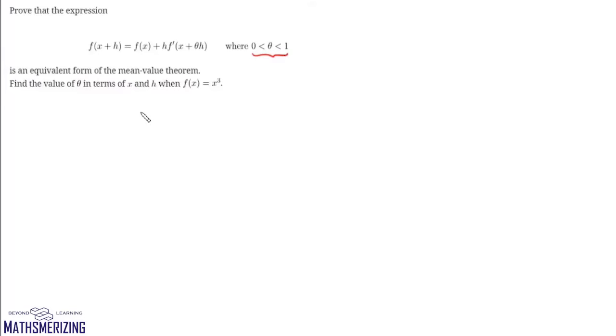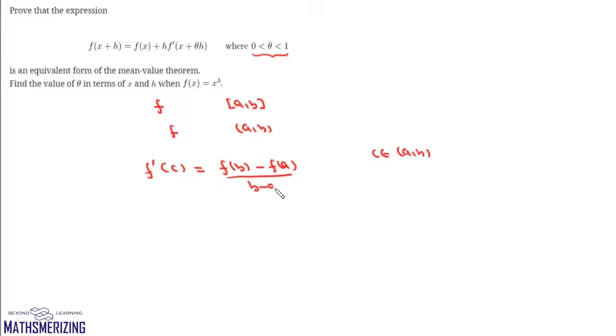Now we know that mean value theorem says if function f is continuous in closed interval ab, and it is differentiable in open interval ab, then we'll get at least one c in between ab, such that f dash c equals f(b) minus f(a) upon b minus a.